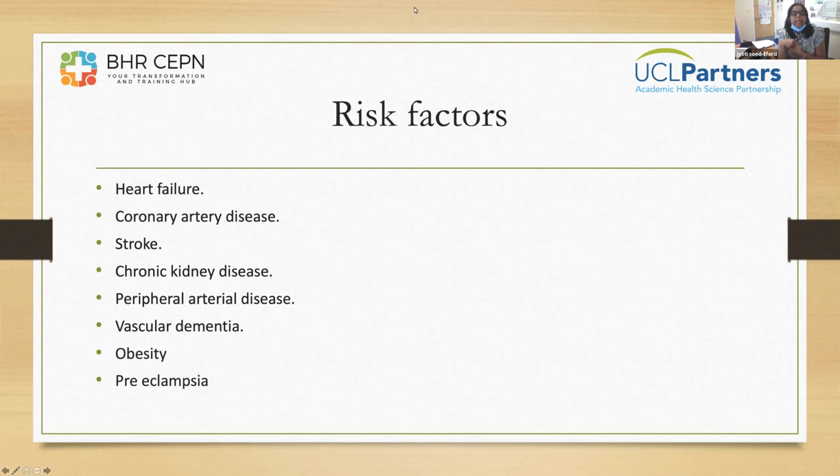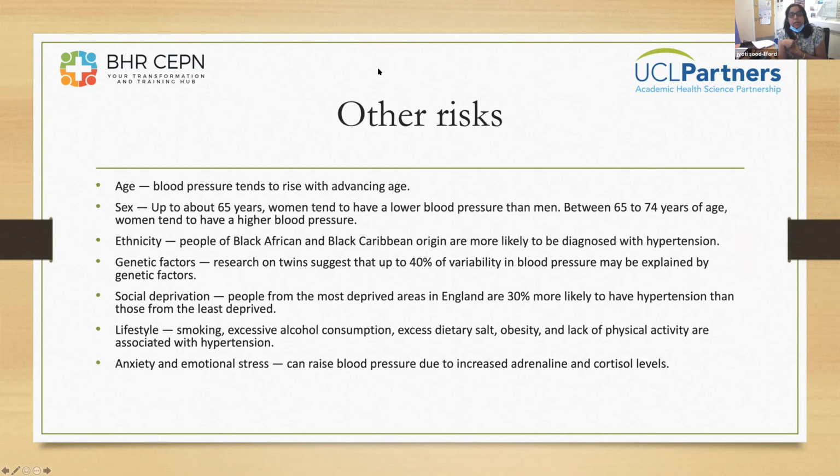Next slide, please. In addition, this is what NICE guidelines have highlighted as the risk factors. So this would be advancing age. One would guess that, and I'm sure you would know that. Women tend to have a lower blood pressure than men up to the age of 65, and over that, a higher one. Of course, we know this, hopefully, certain ethnicities are more likely to be diagnosed.